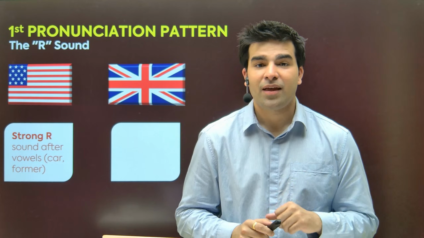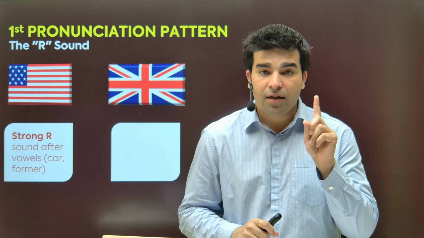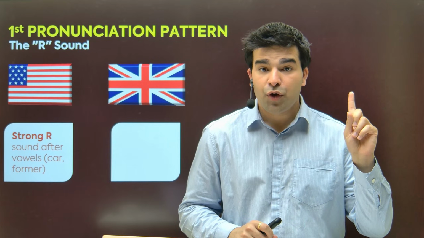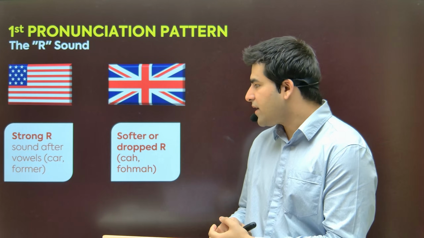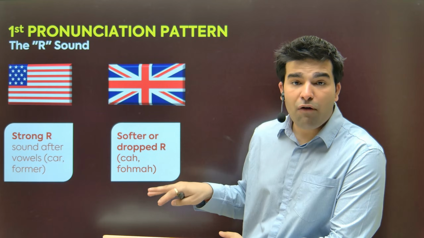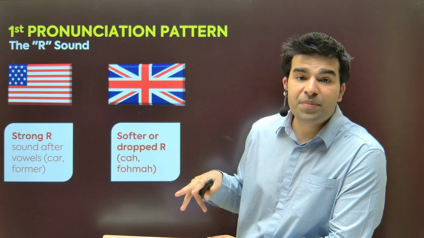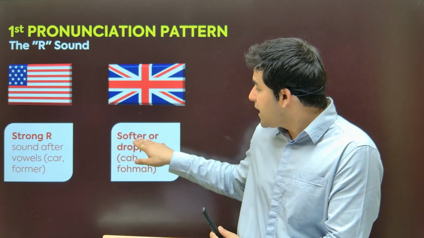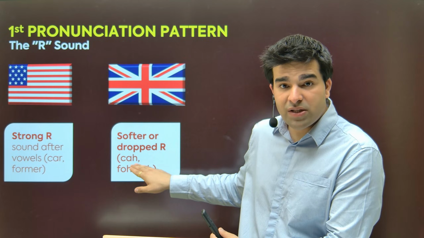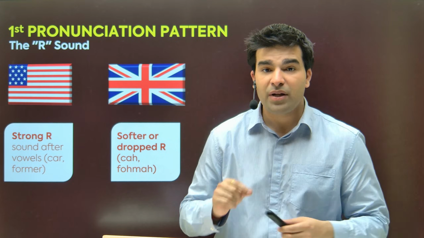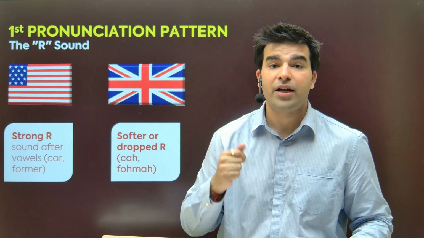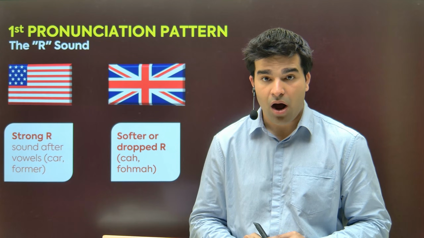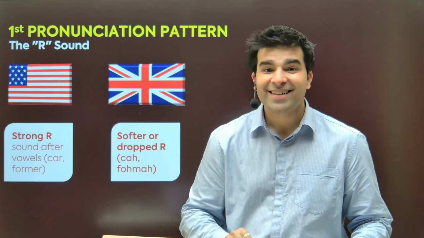Hi Shinobi. On the other hand, when it comes to the British R, it's not that strong. As a matter of fact, it's very light. It's soft, and we also call it the dropped R. I repeat, it's a soft version of R, and we also call it the dropped R. For example, in the word C-A-R, you drop the R and you say car.